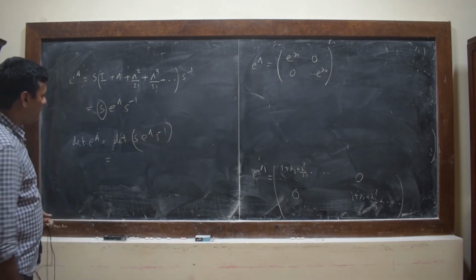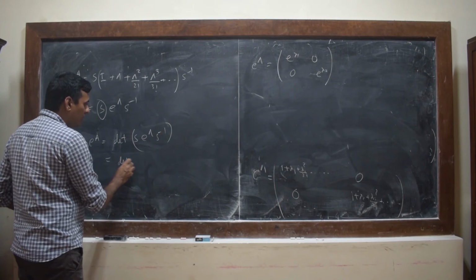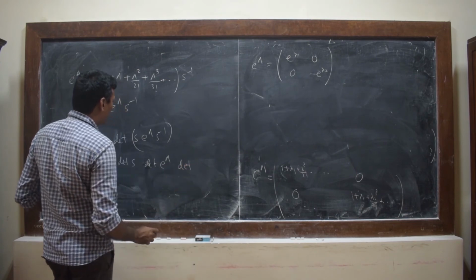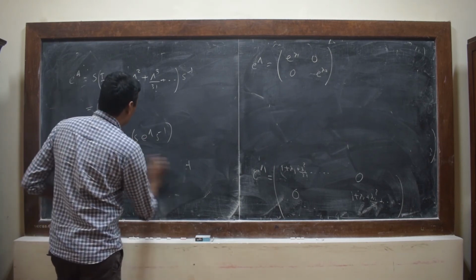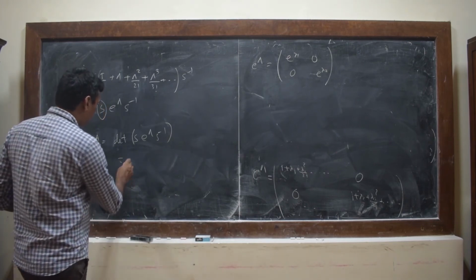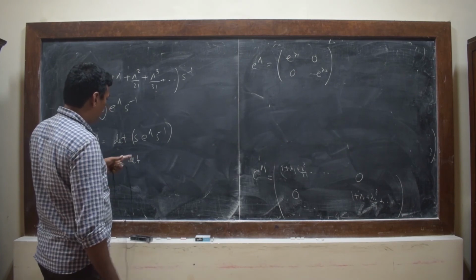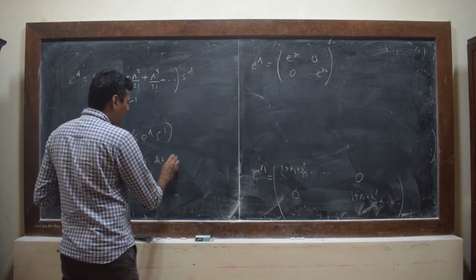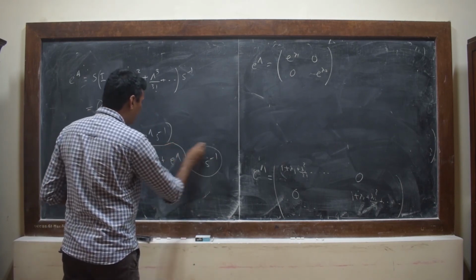The determinant of a product of matrices is the product of determinants, so this is the determinant of S into the determinant of e raised to lambda into the determinant of S inverse, and the determinant of S into the determinant of S inverse is going to be 1.